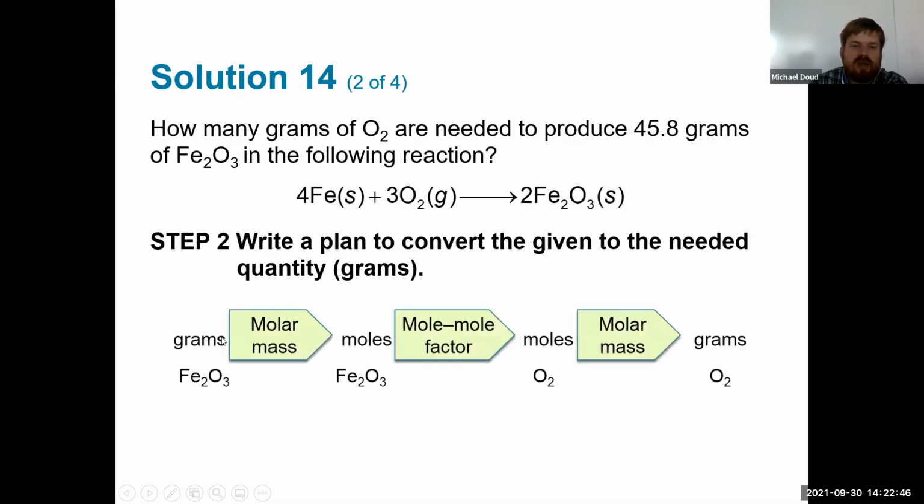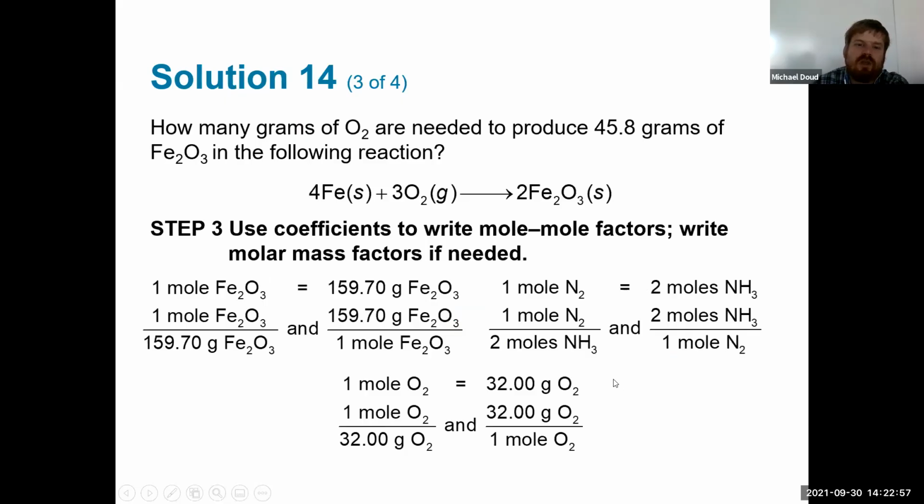So this is our plan. Grams of iron 3 oxide converted to moles of iron 3 oxide, moles of iron 3 oxide converted to moles of oxygen, and then finally moles of oxygen converted to grams of oxygen. Well, we just find our conversion factors from here. We know that there's 1 mole of iron 3 oxide for 159.70 grams of iron 3 oxide.